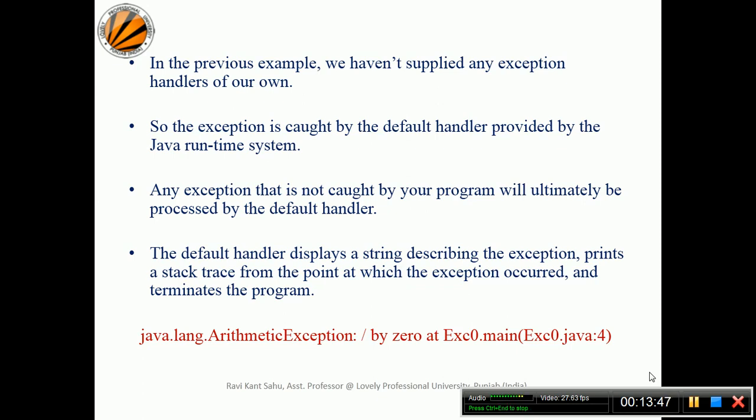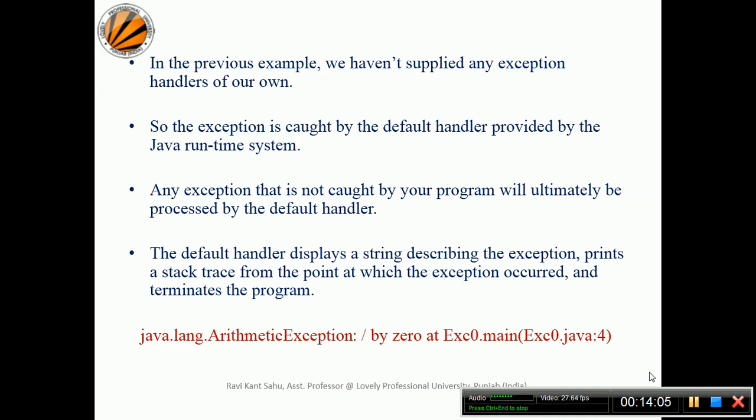At this moment we will consider the default handler only. Any exception that is not caught by your program will ultimately be processed by the default handler. The default handler displays a string describing the exception, prints a stack trace from the point at which the exception occurred, and terminates the program.